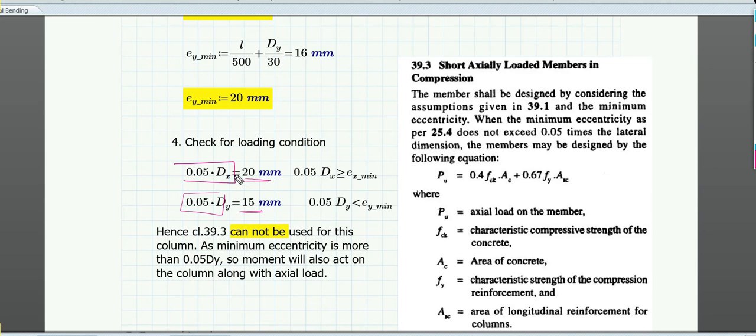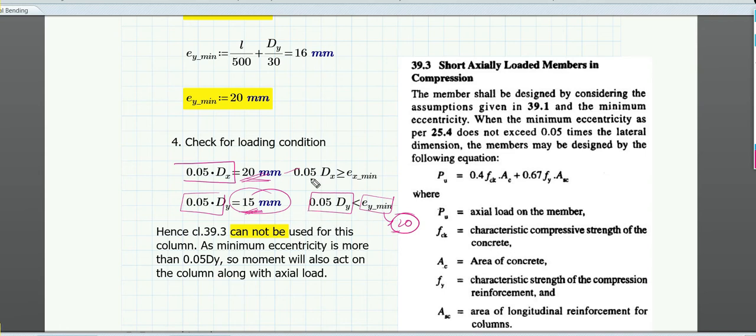Exactly 20 for dx, so there is nothing to worry about. But here you can see that 0.05 times dy is less than ey minimum. Ey minimum was 20 mm, and 0.05 dy is 15 mm, so ey minimum is not less than 0.05 times dy.